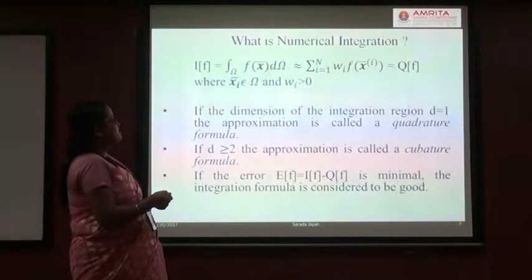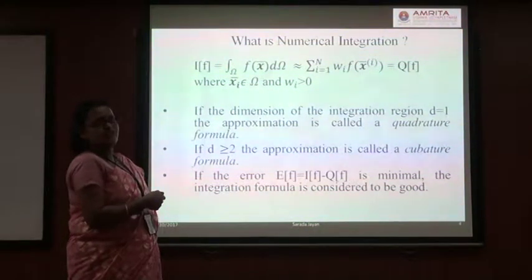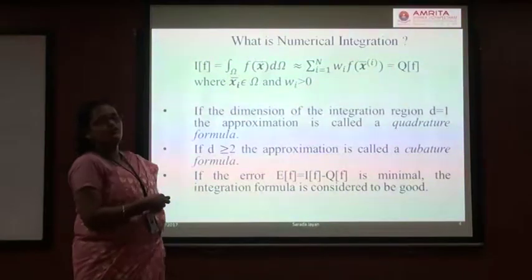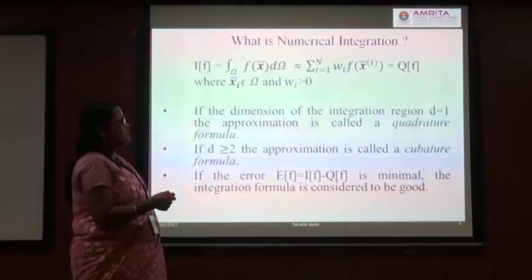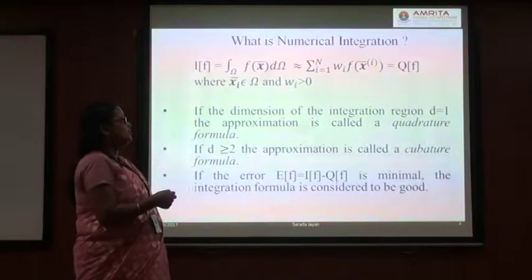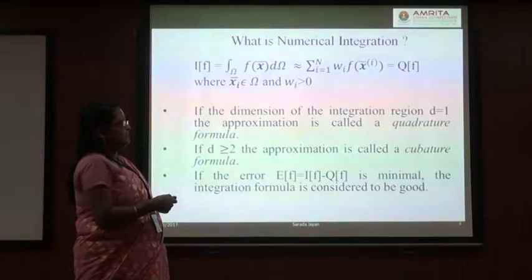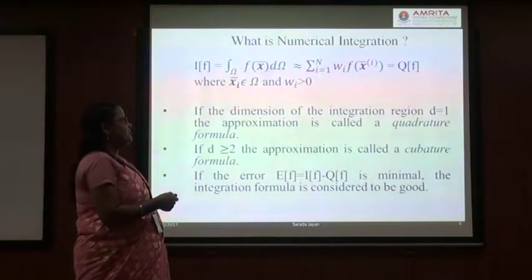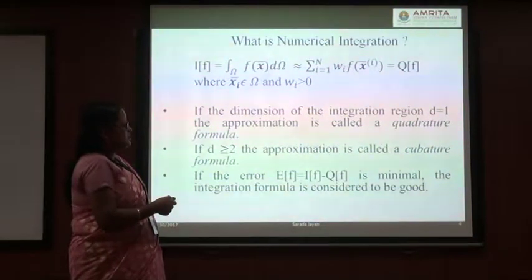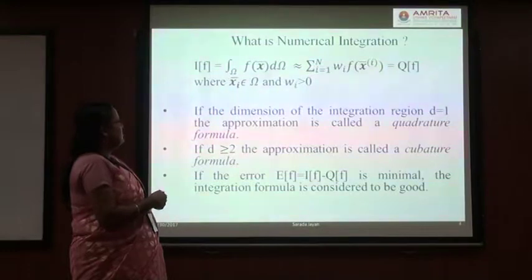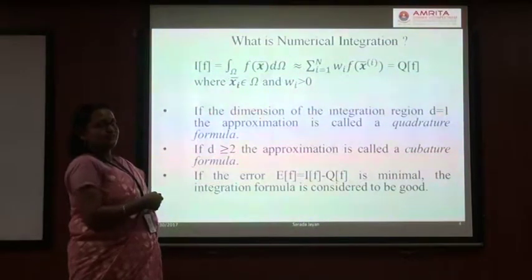Numerical integration is basically an approximation of an integral by a finite summation, where you calculate some points, the xi points, with corresponding weights given to you, and the function value is evaluated at those points and multiplied by the weight. The summation of all those terms is taken to finally get the value of the integral.